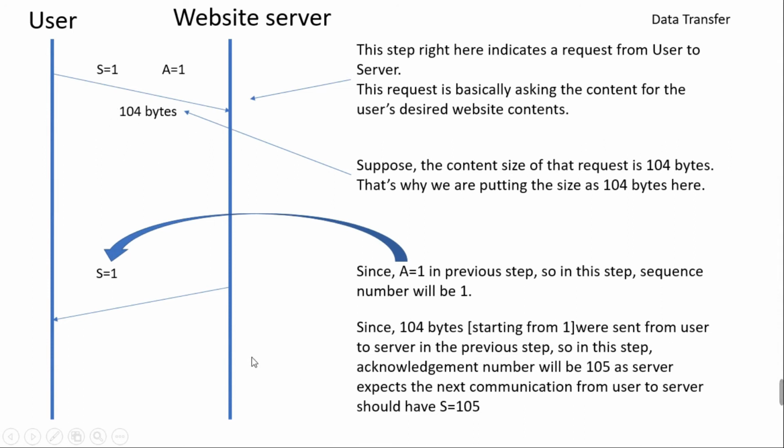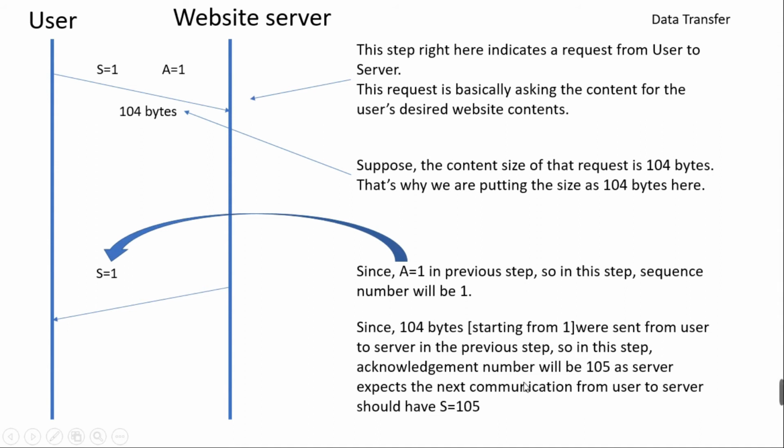So the next expected byte from the user should be 105. So the acknowledgement number on this step, the server will acknowledge that it is expecting the 105th byte from the user in the next communication. Okay, so this is what is written here.